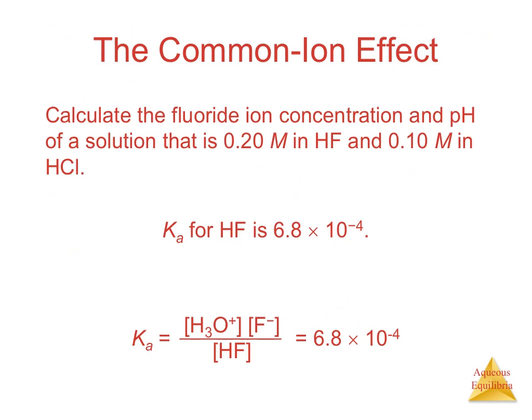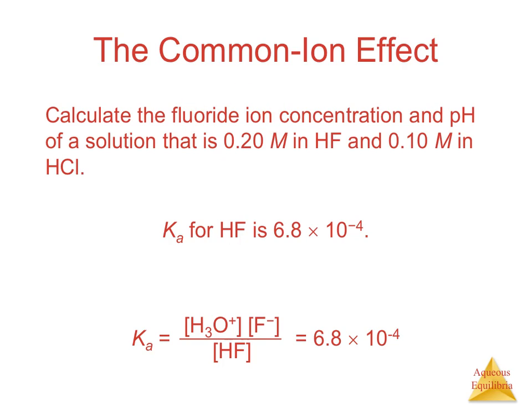Okay, so the common ion effect just means that I have some common ion associated with it. So in this example, I have HF solution that's 0.2 molar, and I want to calculate how much F minus, the fluoride ion, I have in 0.1 molar HCl.